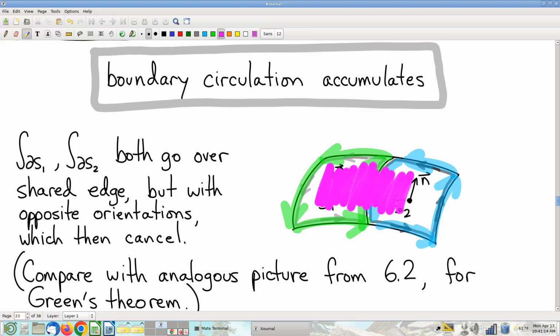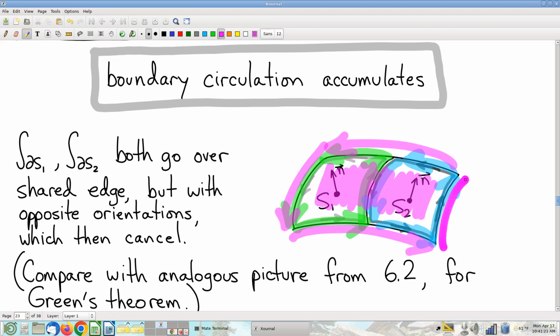Do I get the boundary of the whole? Well, here's the whole thing. Its boundary would be like this. So what I have to do is look at the whole boundary, look at the parts boundaries, and ask, do they add up? Do they accumulate? Is green plus blue equal to purple?